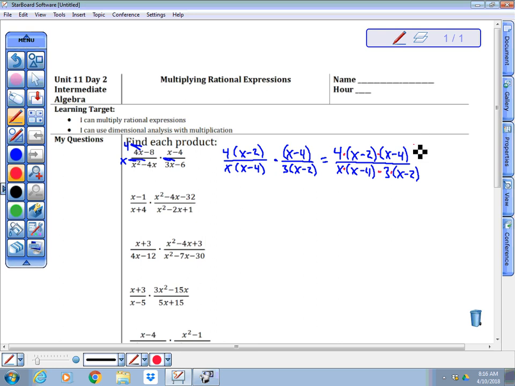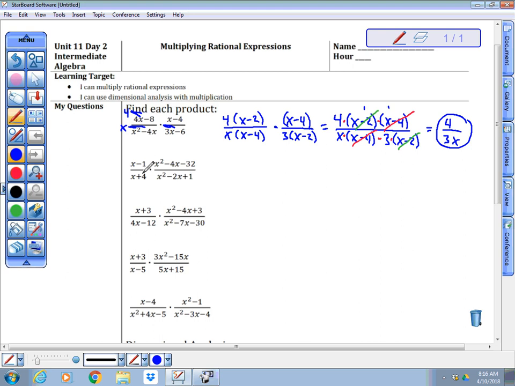So for instance, this x minus 4 will cancel with the bottom x minus 4. This x minus 2 will cancel with the top x minus 2. Nothing else is identical, so I can clean it up by going 4 times these two that cancel. Remember, these are 1s. 4 times 1 times 1 is 4. And then I'll have x times 1 times 3 times 1, which gives me 3x.